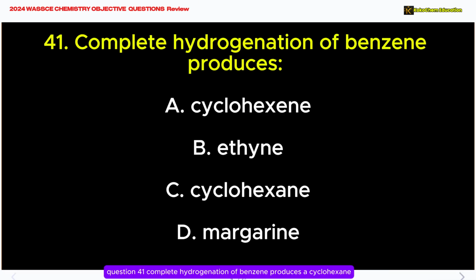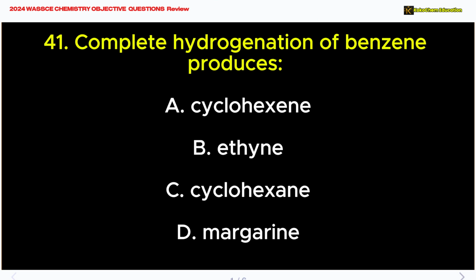Question 41. Complete hydrogenation of benzene produces A. Cyclohexene, B. Ethane, C. Cyclohexane, D. Margarine.